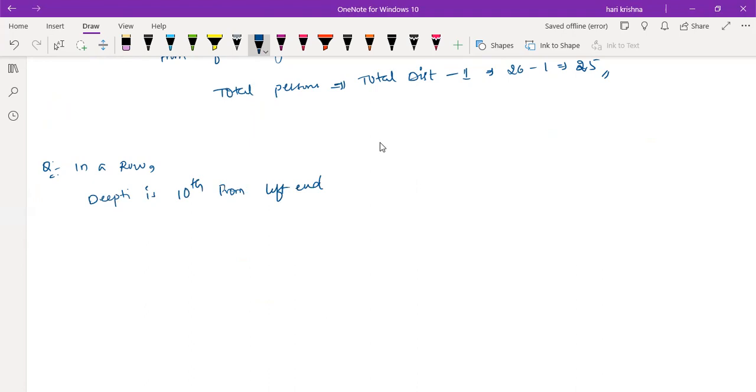Kamal is 8th from the right hand. When they interchange their positions, after interchanging, Kamal becomes 15th from the right hand.